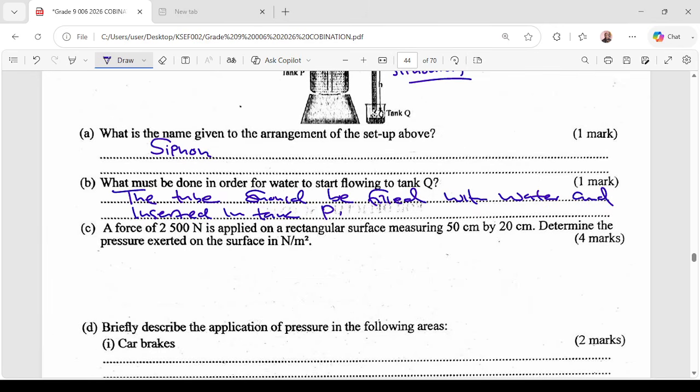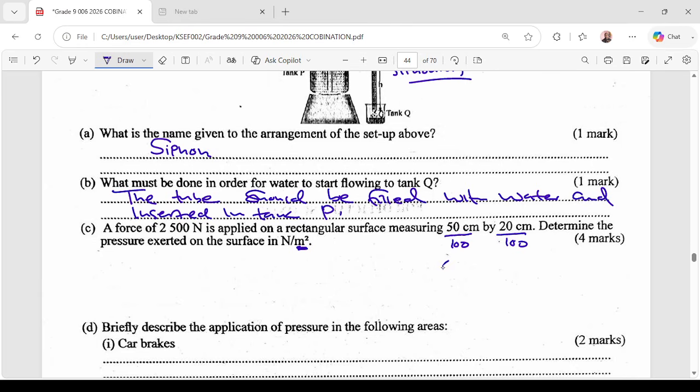C. A force of 2500 newtons is applied on a rectangular surface measuring 50 centimeters by 20 centimeters. Determine the pressure exerted on the surface. So we need to get this area, and to get it in newtons per meter squared, the length must be converted to meters by dividing centimeters by 100.